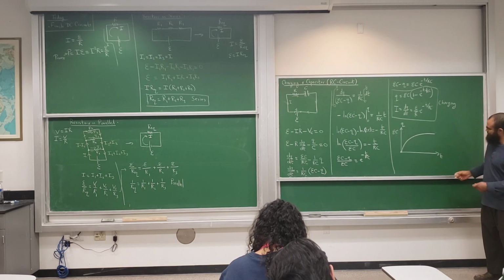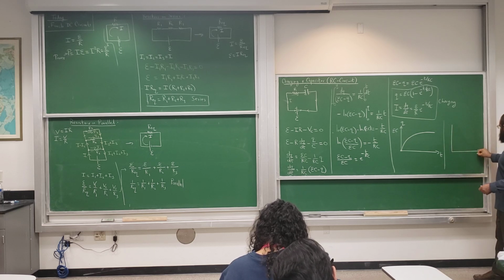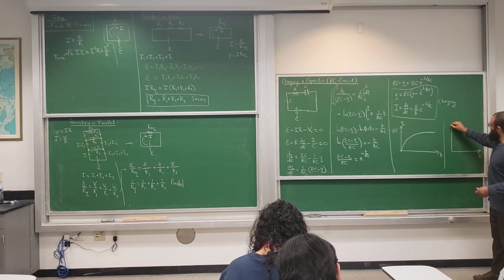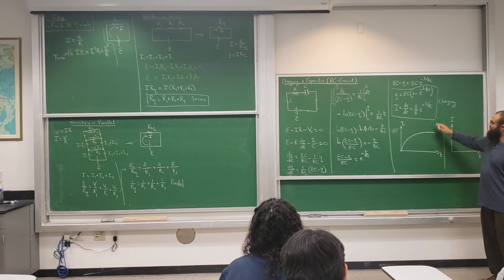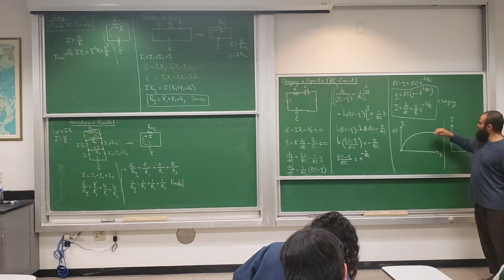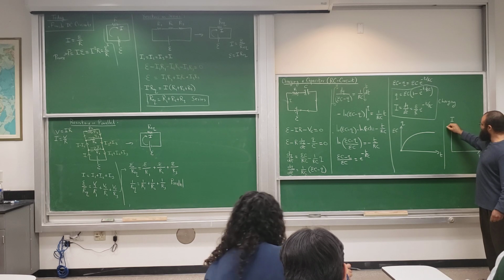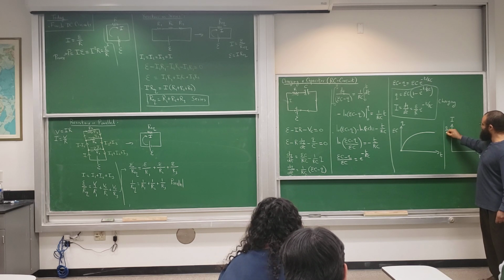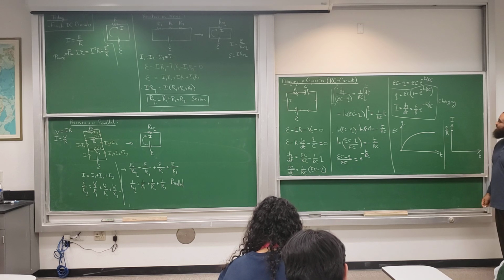How about the current? Here is the current as a function of time. Here is the time. Here is I. What's the current at t equal to 0? It's E over R. At t equal to 0, the current is E over R, right?